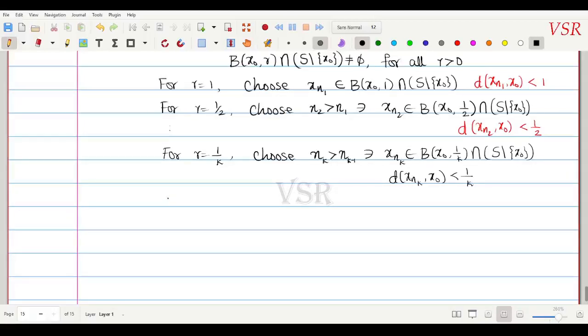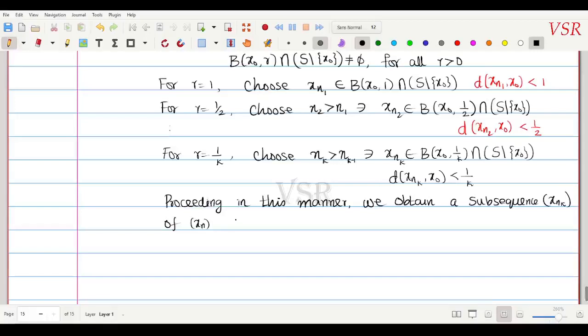Thus, proceeding in this manner, we obtain a subsequence xnk of xn such that the distance between xnk and x0 is less than 1/k for all k belonging to the integers. So this is the way we can construct a subsequence.